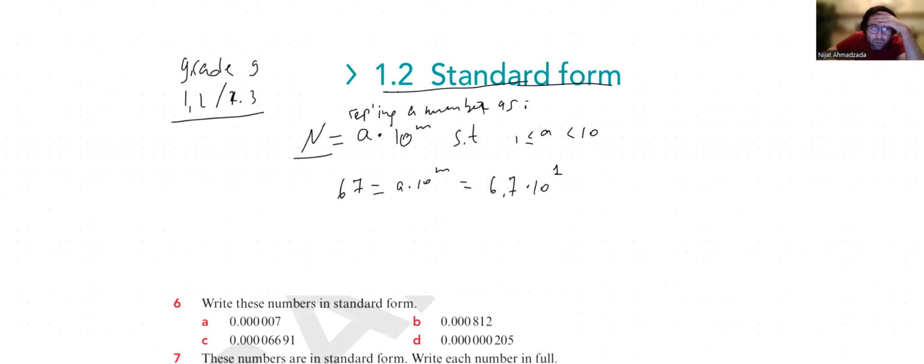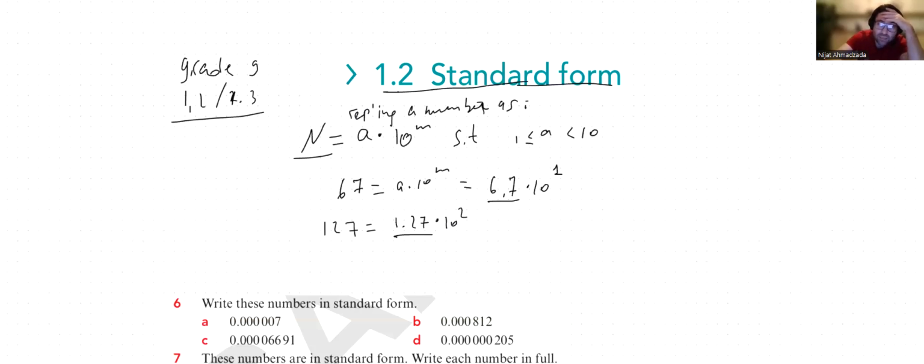If you have 127, it will be 1.27 times 10 to the power of 2. Notice that the something is always between 1 and 10. 1.27 is between 1 and 10, and 6.7 is between 1 and 10.